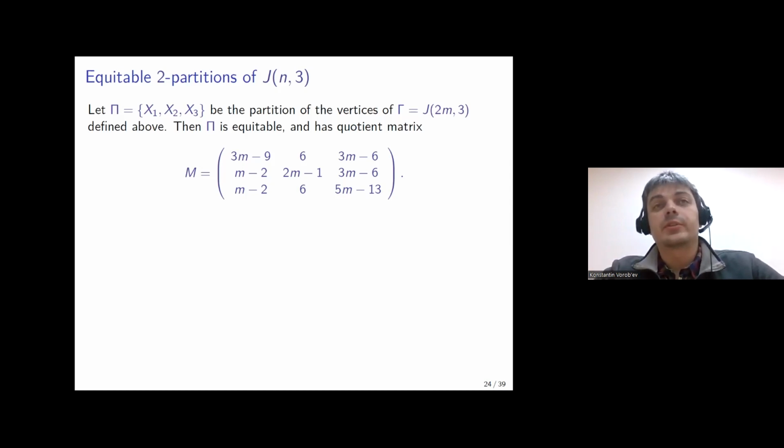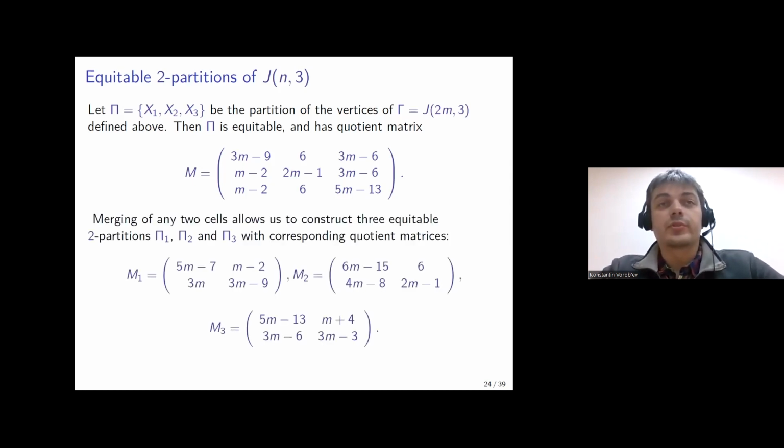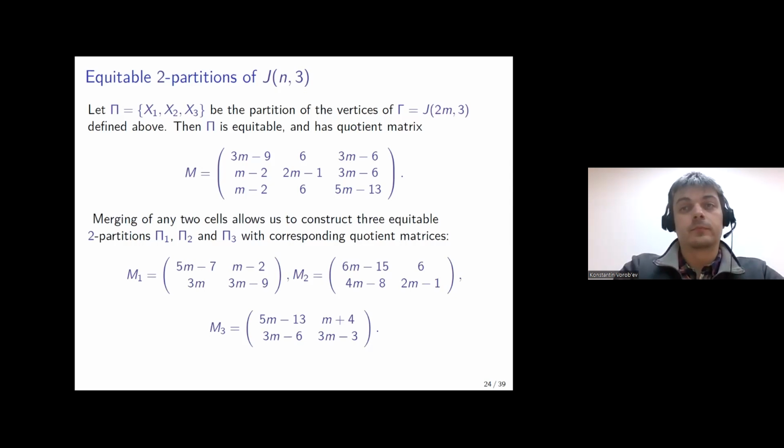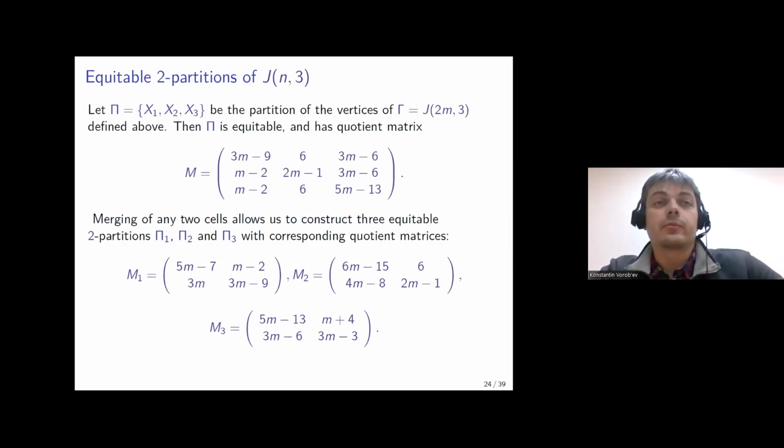And the same procedure can be done for the remaining two pairs, for the first and the third, and the second and the third cells. After this merging, we have three equitable 2-partitions, pi1, pi2, and pi3, with corresponding quotient matrices. Actually, these are exactly the matrices we have discussed before. Here m is a parameter, so these are three infinite series of equitable 2-partitions.